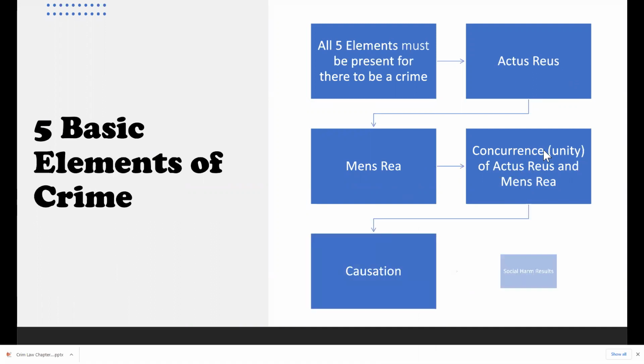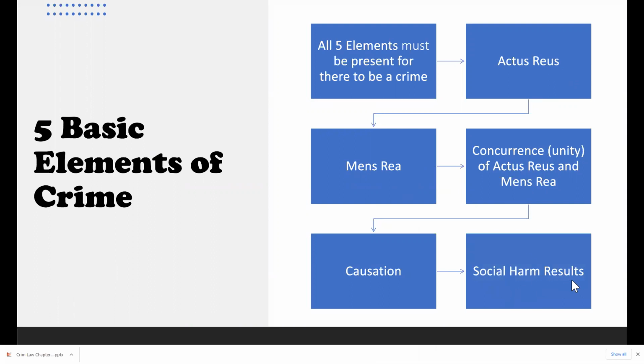Causation and social harm results as a result of the act. Again, so if one of these five are missing, then no crime has happened.